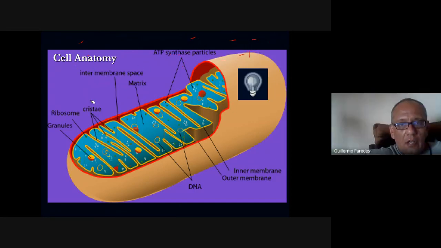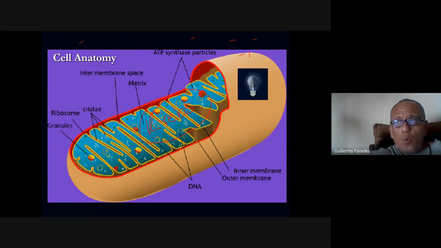Okay. Inside the mitochondria, basically the Krebs cycle happens. The Krebs cycle is the way that the body produces energy. These mitochondria are in every single cell of your body. Obviously, the number of mitochondria varies according to the organ.